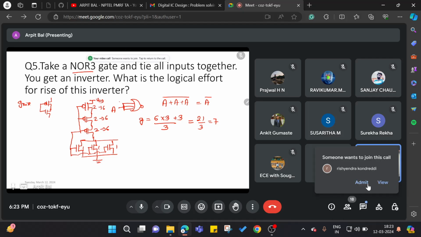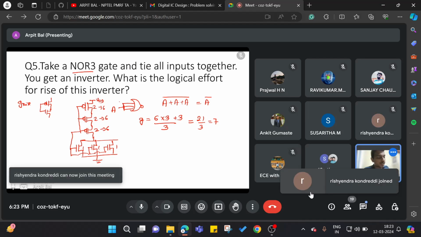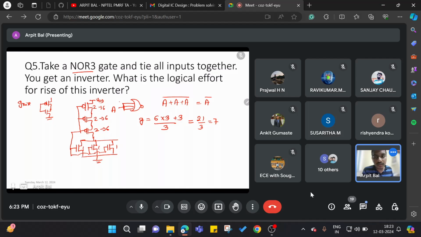Just a minute, someone is trying to join. Okay, so we need to compare it with the reference inverter, which is having symmetric swing. So in this case, it is going to be 2-1.